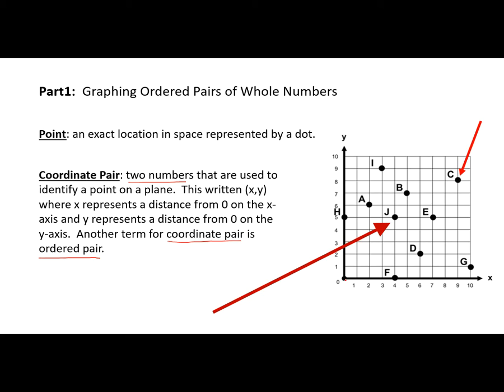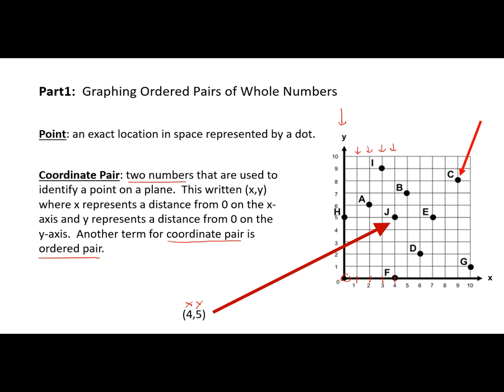So if I start at the origin right here, and I travel on the x-axis the distance of 4. So here's 1, 2, 3, and 4 on the x-axis. We'll then travel 5 on the y-axis. Now the y-axis is right here, but this is just the label for every one of these columns right here.